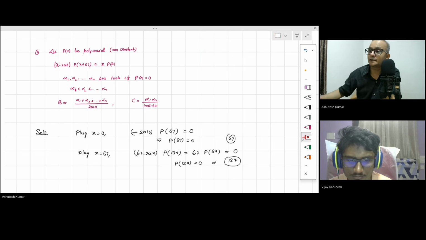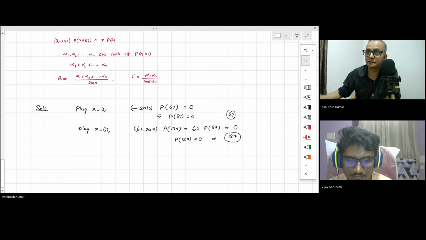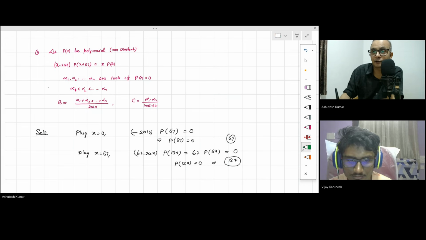To stop, think of one thing: when we substitute x equals 2010 in this entire equation, see what will happen. It will become 2010 P(2010) on this side, and on the other side it is 0 already, so P(2010) is equal to 0.